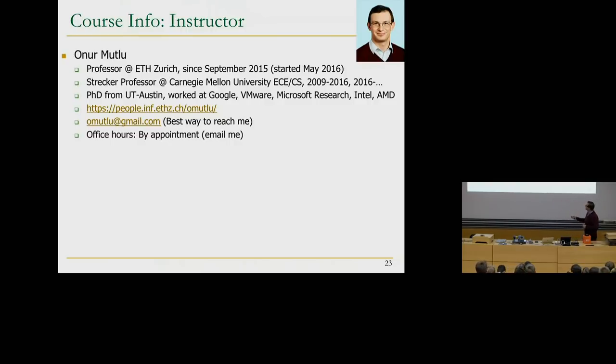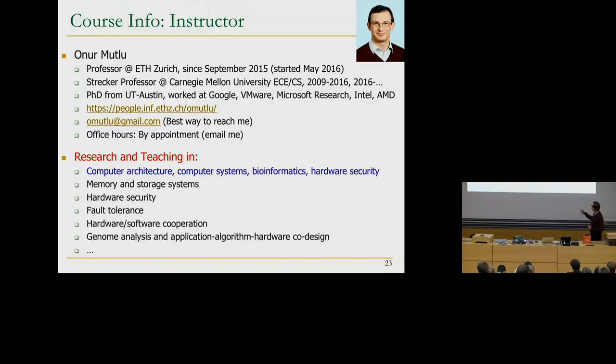Okay, so I do research and teaching in computer architecture, computer systems, bioinformatics, and hardware security. And some of the things that you've already been exposed to, like the Rowhammer problem, is an example of the work we do in hardware security, fault tolerance. And you've seen other works like RAIDR, the refresh work, on memory and storage systems and efficient systems. I'm very excited about hardware-software cooperation, as you will see in this course.